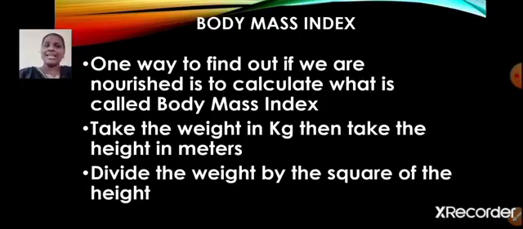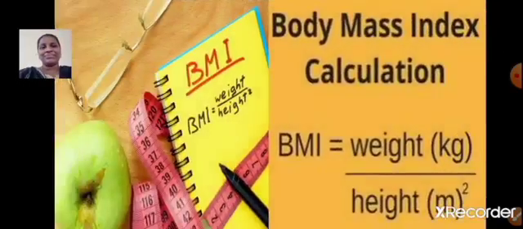Take the weight in kilograms, then take the height in meters. If the height is in centimeters, you need to convert it into meters. Divide the weight by the square of the height. So how to calculate body mass index? We need to divide the weight of a person by the square of the person's height. Is that clear, students?